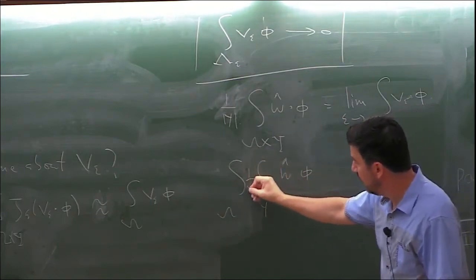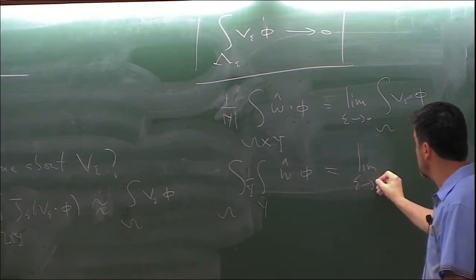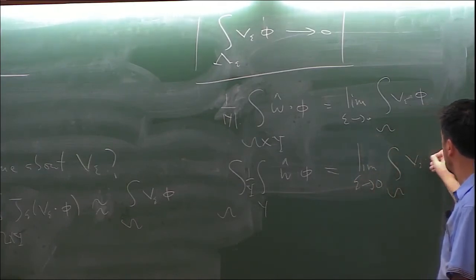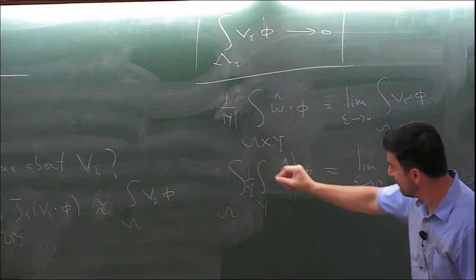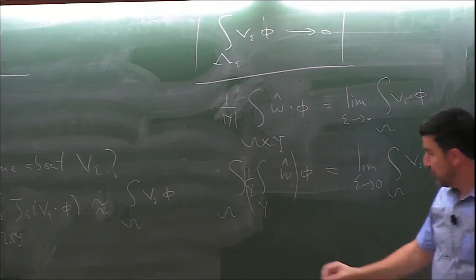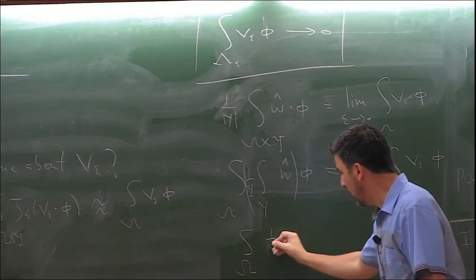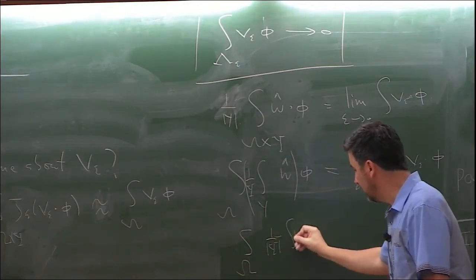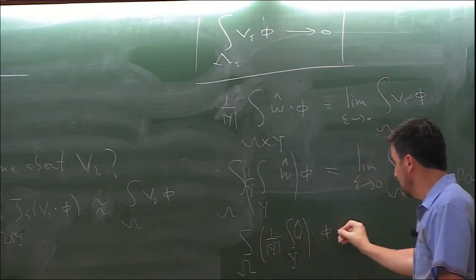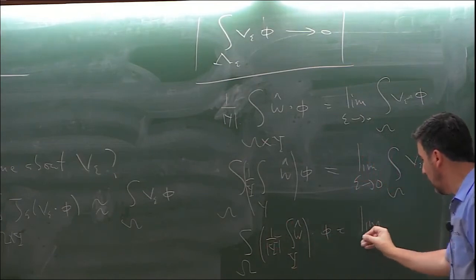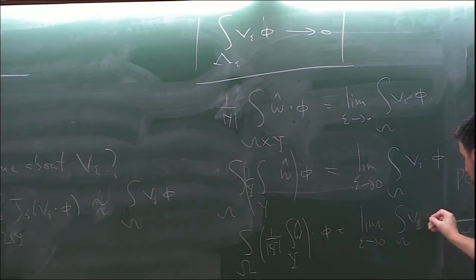Well, you have a 1 over Y. And if you do the manipulation further, the left-hand side is the integral on omega of the average on Y of the limit W hat, and that's supposed to be the limit of products of the form V epsilon times phi.